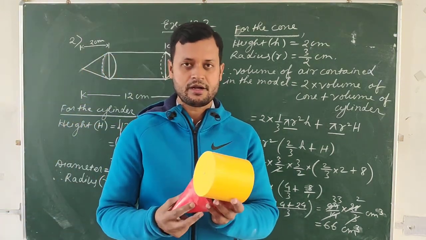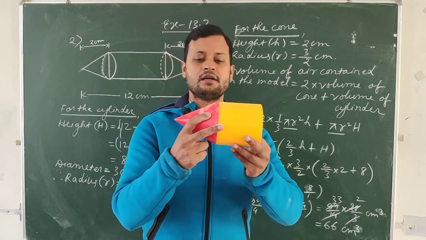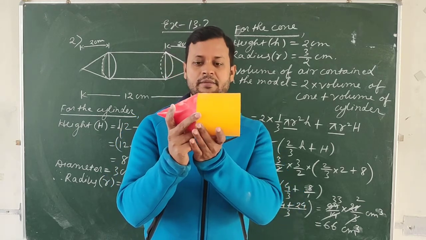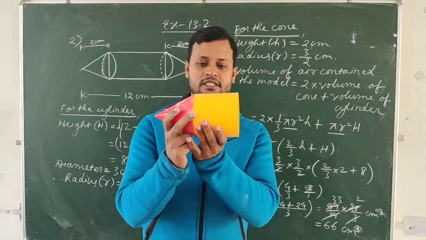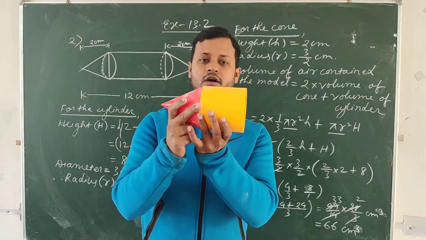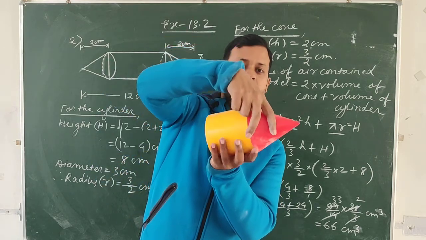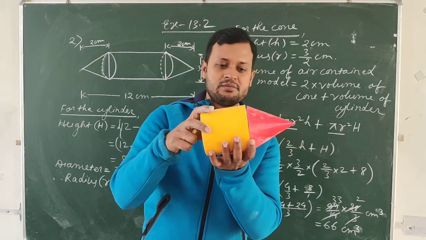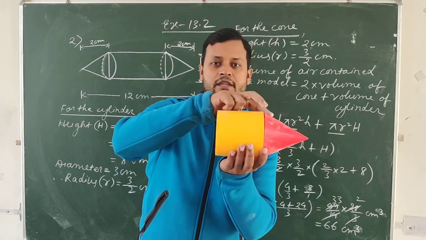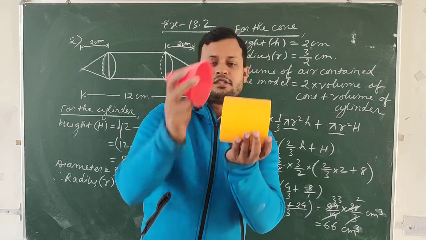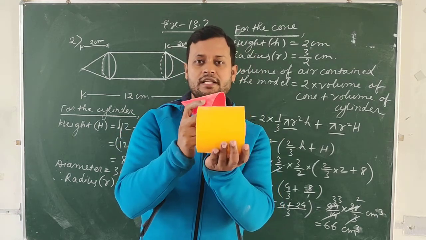This is the cylindrical part, and here one cone is there. On the other part also one cone is there. The model is made this way, and the middle part is a cylinder.